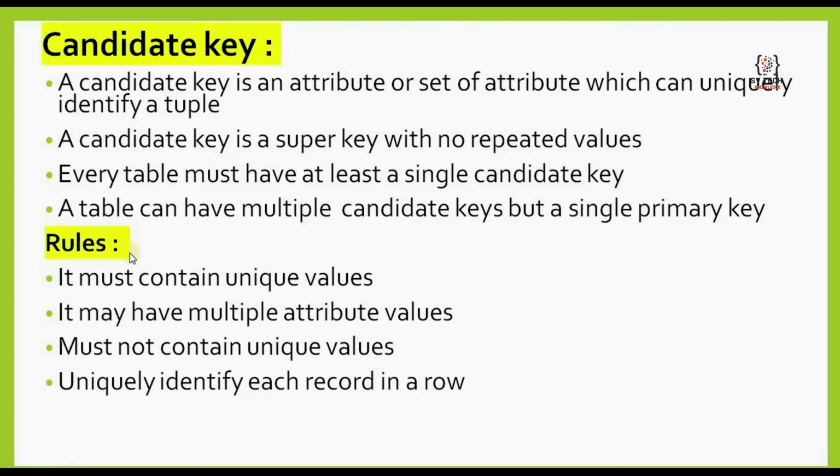Here we have some rules for candidate keys also. It must contain unique values like a primary key. It may have multiple attribute values. It must not contain null values. Same like the primary key, it must uniquely identify each record in a row.